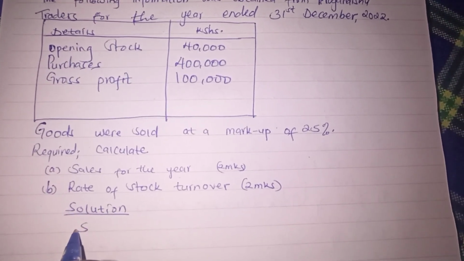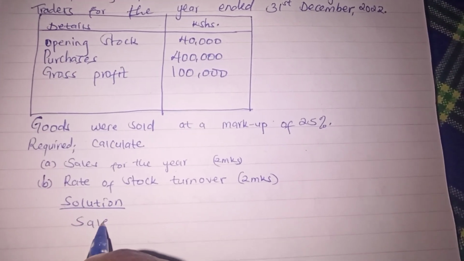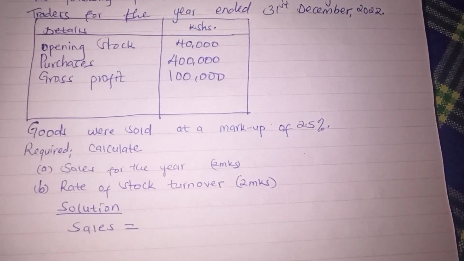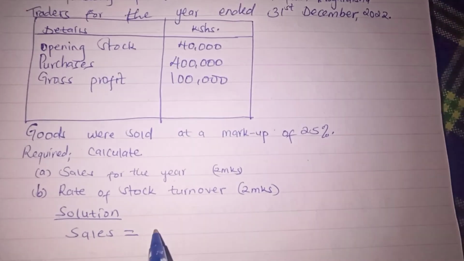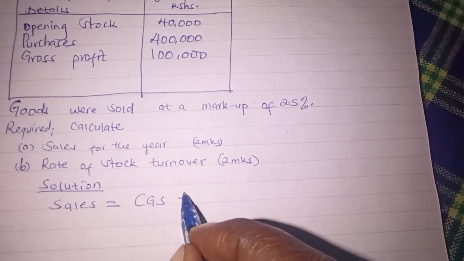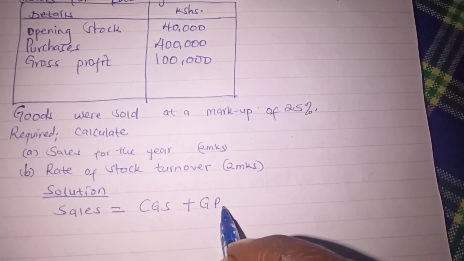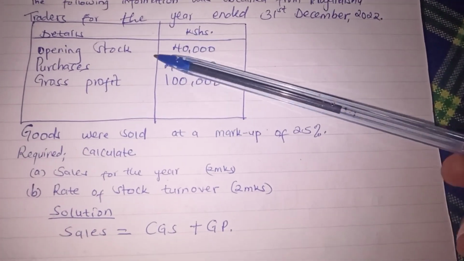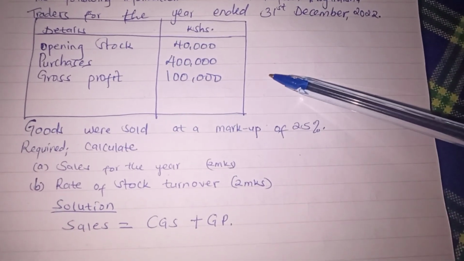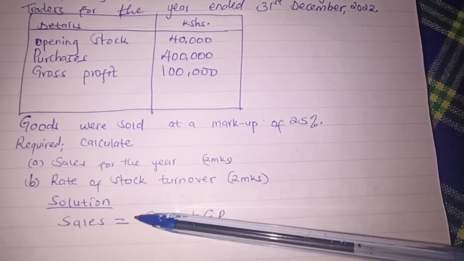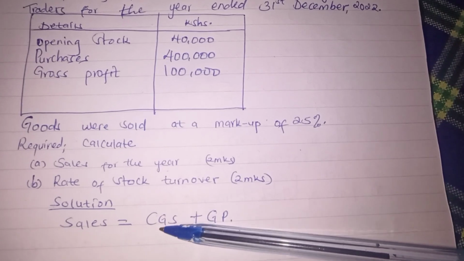We are supposed to calculate the sales, and sales are given by cost of goods sold, or cost of sales, plus gross profit. Now, from what we have here, we do not have the cost of goods sold, but we have the gross profit. How do we arrive at the cost of goods sold?